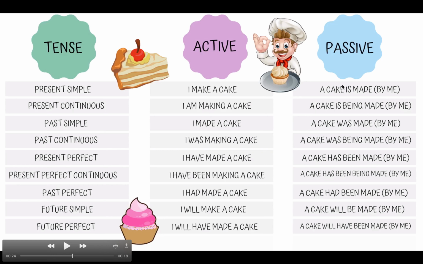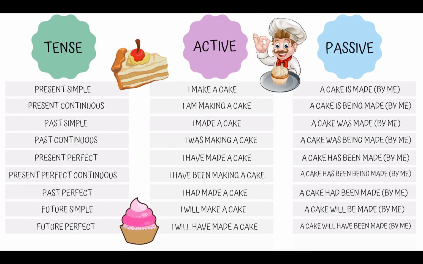A cake is. And last but not least, we take the verb from the active sentence, and then we transform it into the past participle or the third column, okay? Make, made, made. Make is the verb, made is the past simple, and made is, in this case, a past participle as it is irregular.